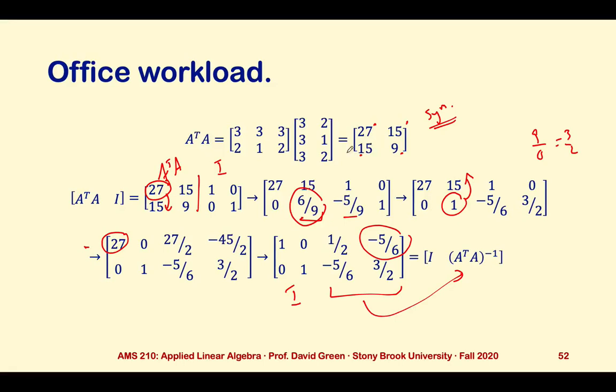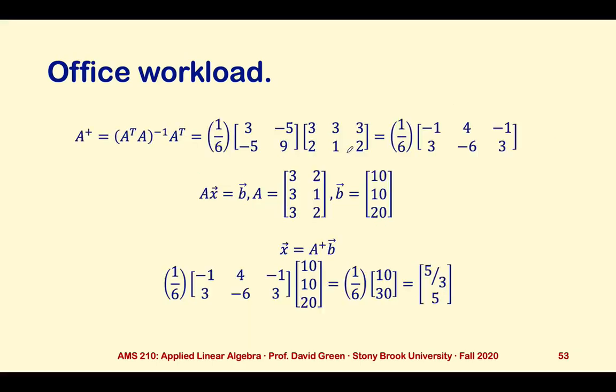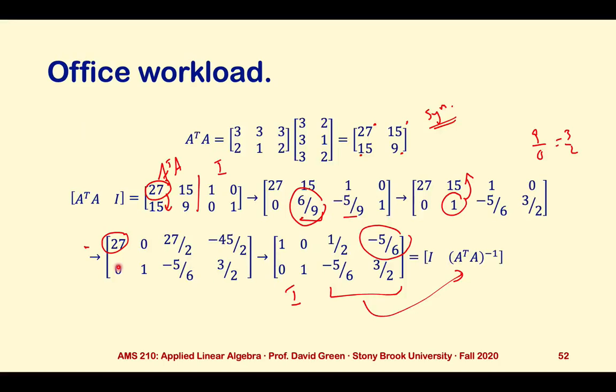Now that we have A transpose A inverse, we are ready to compute our pseudo-inverse. We multiply our result by A transpose. To simplify things, I'm going to pull out the 1/6.